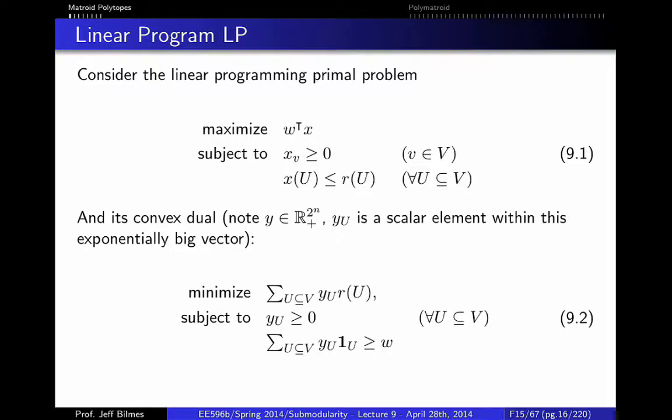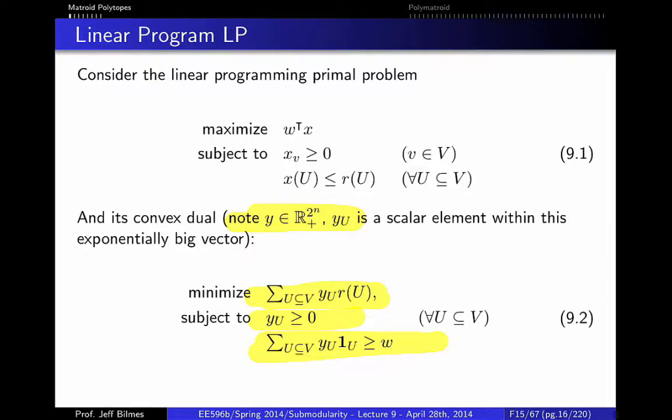The dual is a vector that's exponentially long, with 2 to the n elements, so for every constraint in the primal, you've got an element in the dual. So the dual takes the following form: we're minimizing over a sum that has an exponential number of terms of y_u times the rank, subject to, again, the positive orthant, and then this other constraint. Like I said, this is a mechanical process to get this dual.